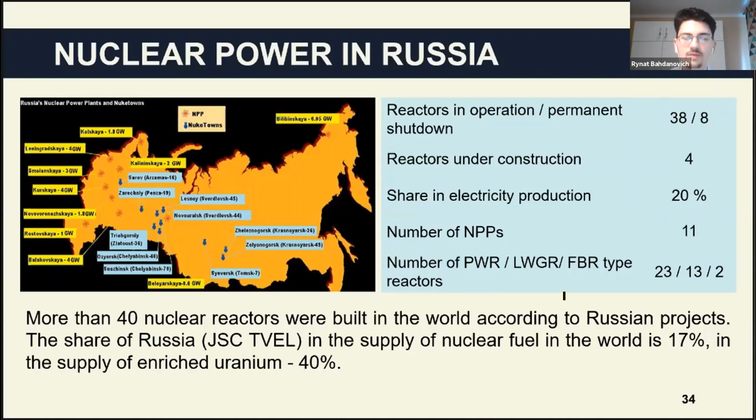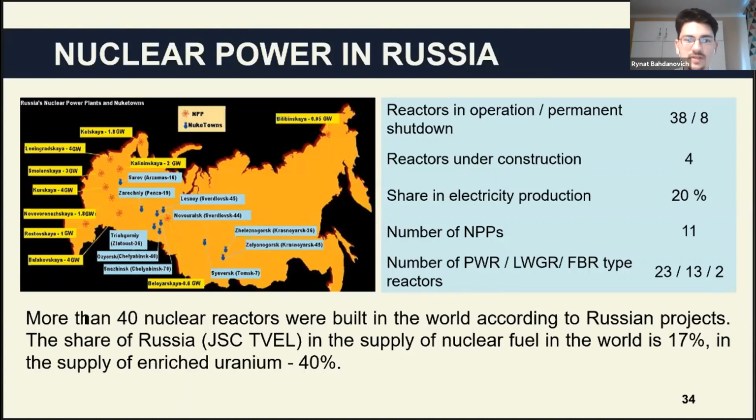And the number of different types of reactors are 23 PWRs, 13 LWGRs, 2 FBRs. These are the only operating fast breeder reactors in the world. And the reactors which will be built according to the PRORYV project, BREST-OD-300, is also a fast reactor.